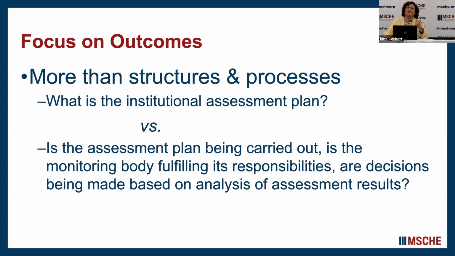Is the monitoring body fulfilling its responsibilities? If you have a strategic plan assessment committee, what are they doing? What decisions have they made? Please show that those decisions are being made based on analysis of the results of assessments that you have conducted.